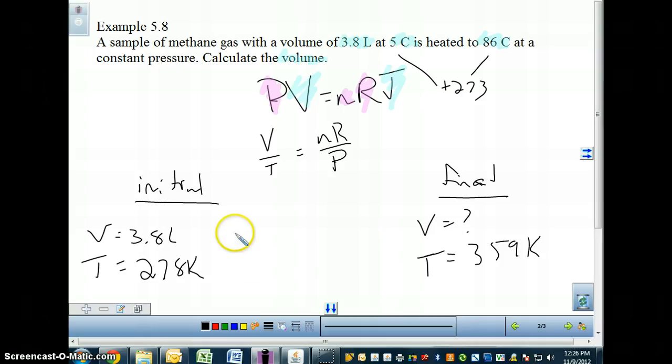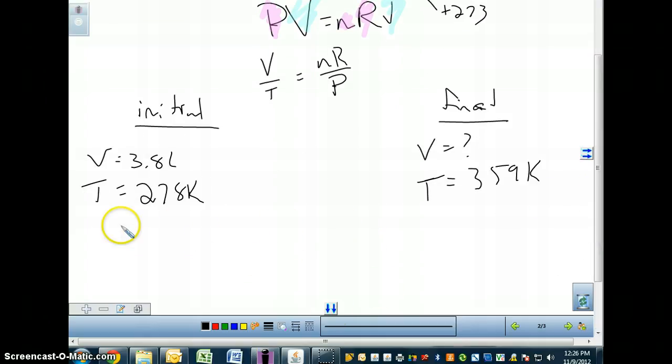Once this has been done, I can set up PV equals nRT for both times.